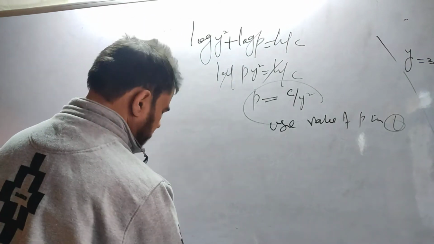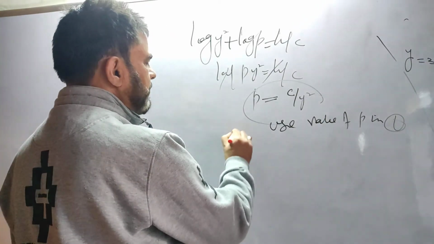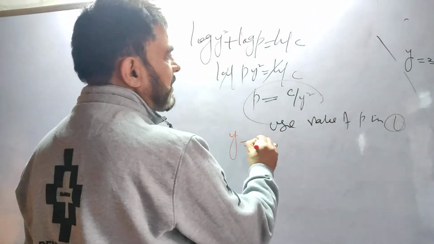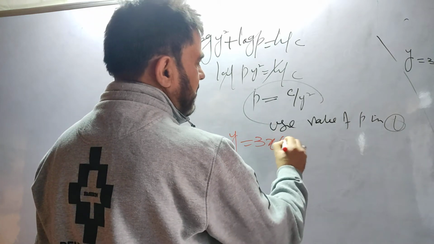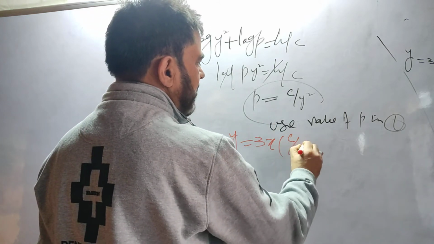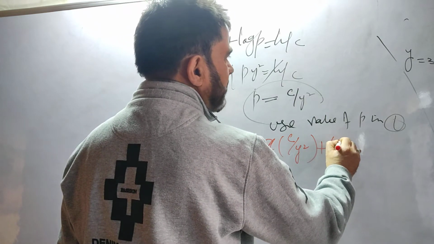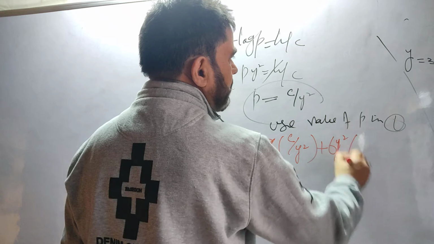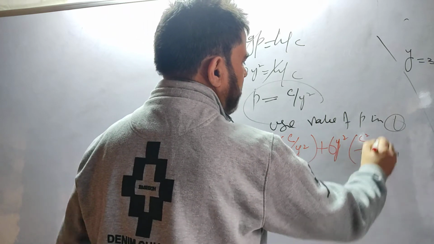Given equation, use it in the given equation. That gives you y is equal to 3x, the value of p is c by y square plus 6y square, p square is c square by y^4.